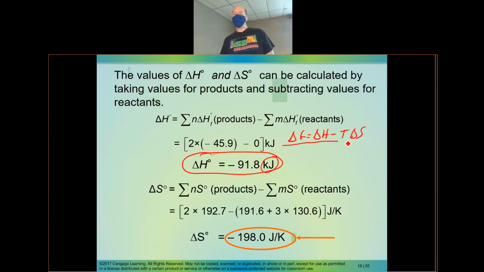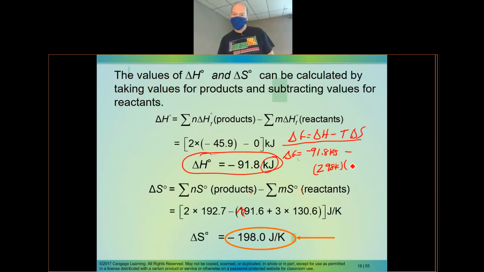When I do this equation solving for delta G, I always put it in kilojoules because delta G is normally given in kilojoules. And so I will write it, my delta G, my delta H, that is in the correct units, negative 91.8 kilojoules, minus my temperature is 25 degrees Celsius. So that is 298 Kelvin. And I have to convert my joules into kilojoules.